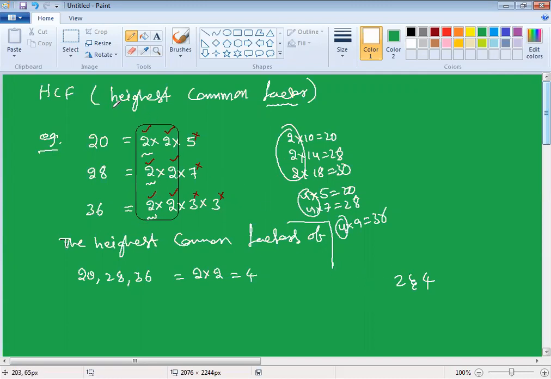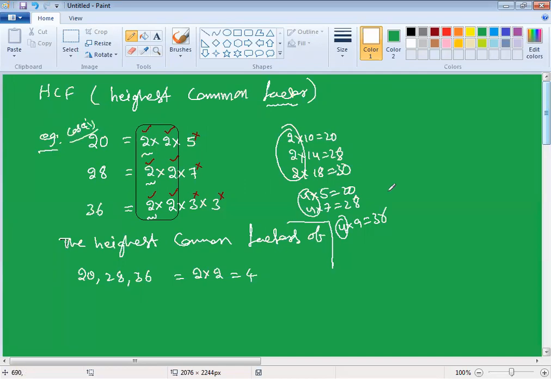But we have to find the highest common factor. So from these 2 numbers, the highest number is 4. That's why the highest common factor is 4. Understand?